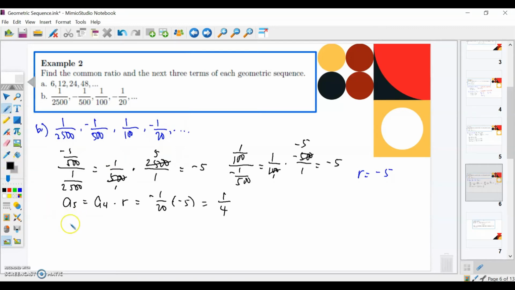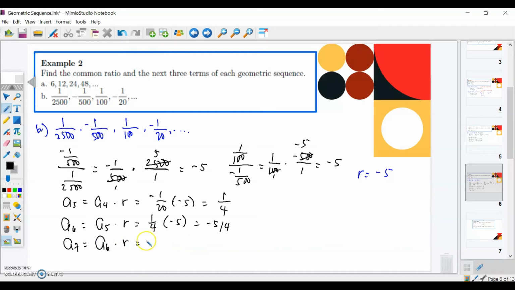Next, we solve for a sub 6. A sub 6 is equal to a sub 5 multiplied by the common ratio. So a sub 5, which is 1/4, multiplied by negative 5, is equal to negative 5 over 4. Next, the last term is a sub 7, which is equal to a sub 6 multiplied by r.